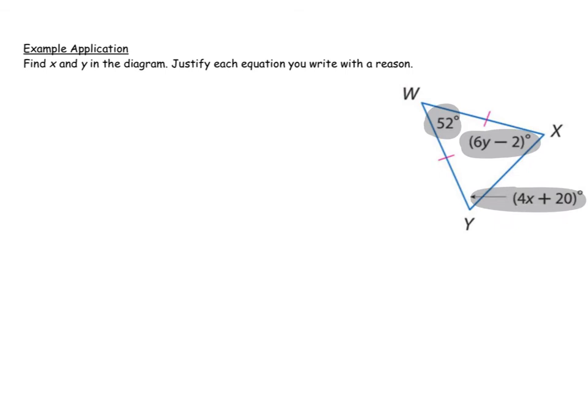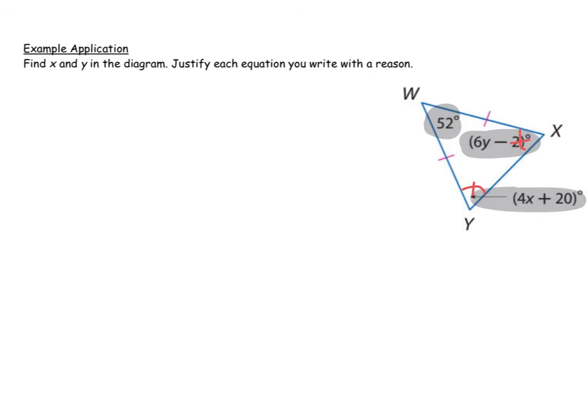So I could add them all up to be 180, but then I would still have to find what x and y are. So the other thing I can do is recognize that if these two sides are congruent, WX and WY, that means that the angles opposite those sides must also be congruent. So angle Y is congruent to angle X. So that gives me a lot of information.